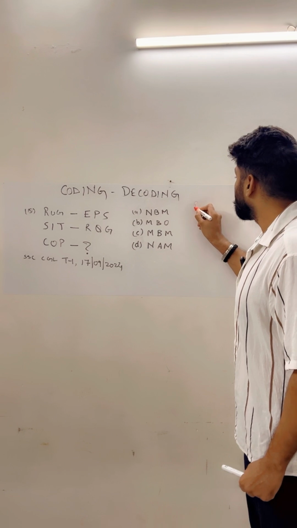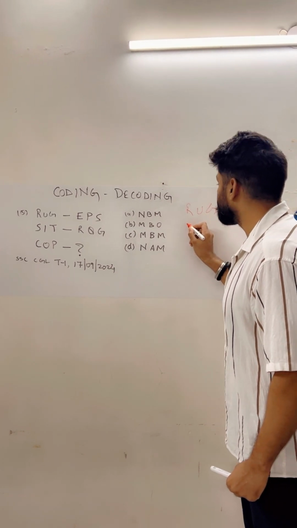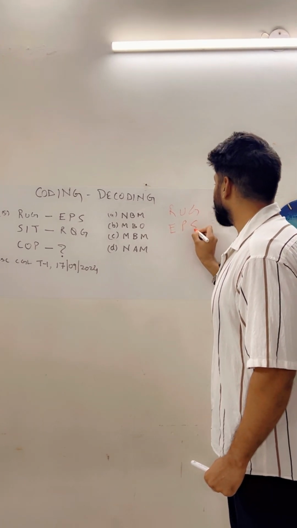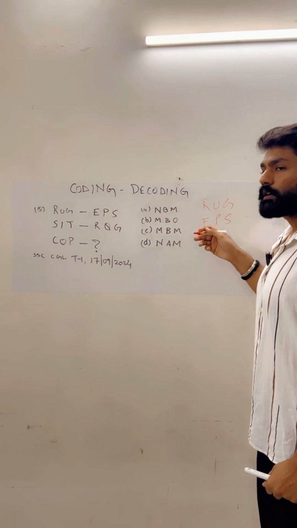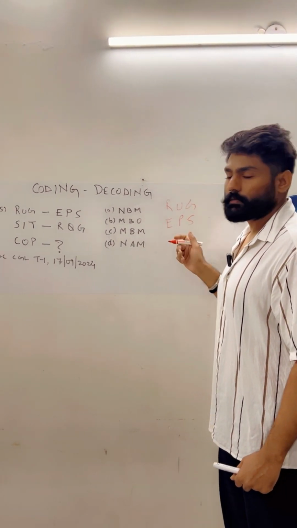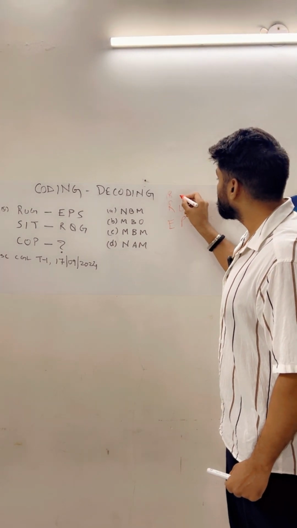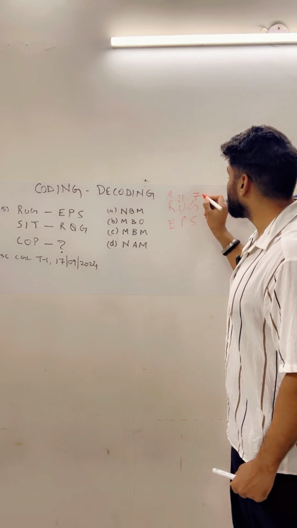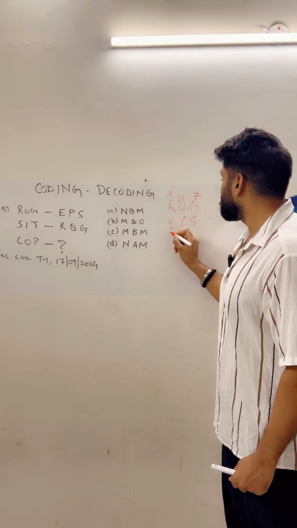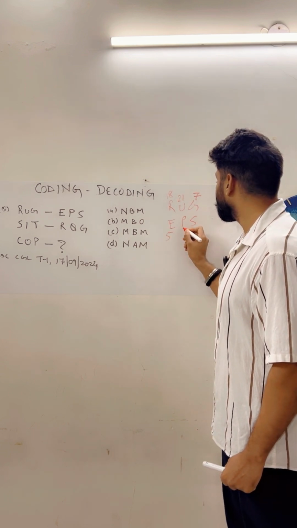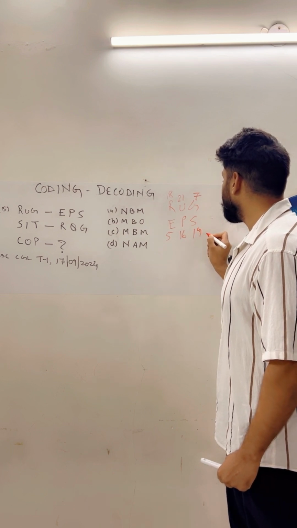We can write it down. RUG, and it's given EPS. Let's write the original positional value of the question: 18, 21, 7. And which is given here is 5, 16, and 19.